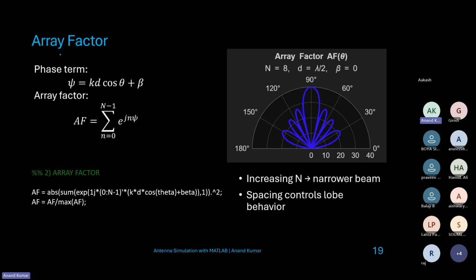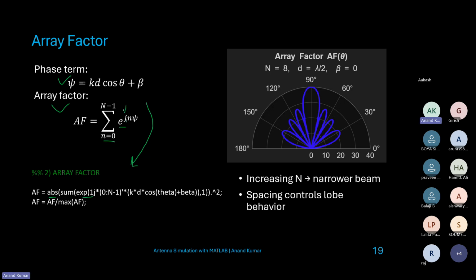Now, similarly for the array factor, your phase term looks something like this, and your array factor looks something like this. You can combine these and write it like this in the script. We use an absolute because we just want the magnitude over here, and then you have the summation running over here. So you have your summation, and then you have the exponential.